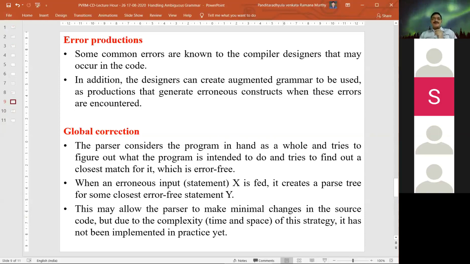It is not reacting to each and every small change in the program, but there may be a possible correction, a possible error-free production. It identifies all error-free possible productions, and the advantage is it makes minimal changes to the source program.